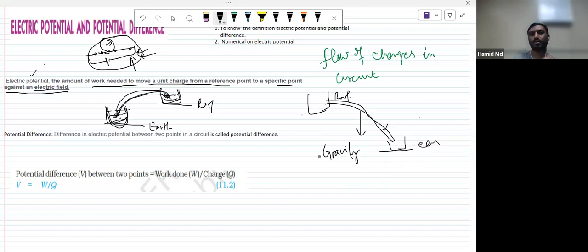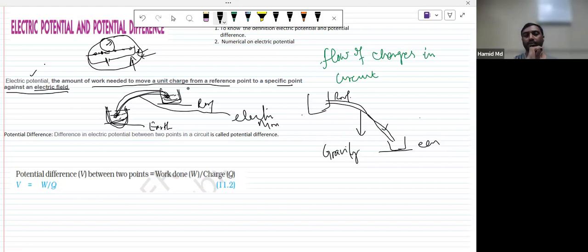So here gravity is the agent which drags water from top to earth. Here the electric motor is the agent which pulls the water from the bottom to the top. So in one case the electric motor is doing work, and here gravity is doing work, right?